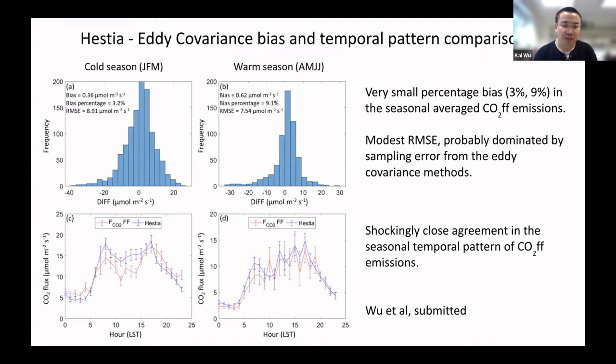If we further check the temporal variations, the seasonally averaged Hestia emission match quite well with the partitioned fossil fuel emissions after we do the seasonal average. So in general, we found the decomposed fossil fuel emissions match quite well with the Hestia.